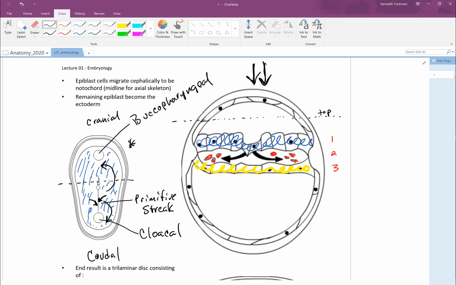So basically, if you think about it, your mouth is connected to your anus via a tube. No getting around it. That's just how it is. The buccopharyngeal membrane is one end of the tube, which would be the mouth, and the cloacal membrane is the other end of the tube.